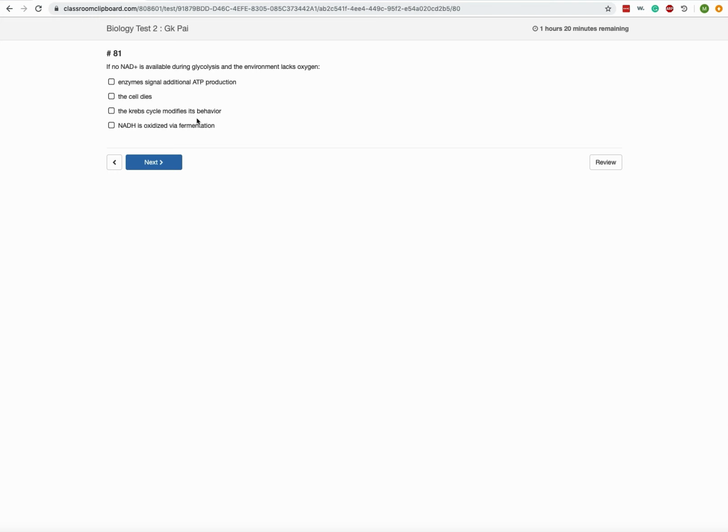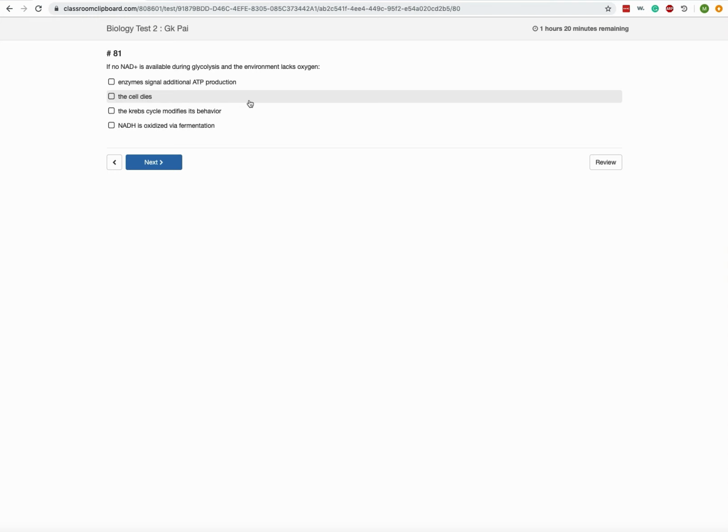If no NAD+ is available during glycolysis and the environment lacks oxygen, then during the process of fermentation, we take NADH and we oxidize it back to NAD+, because NAD+ is required in the step of glycolysis that occurs before those 4 ATPs are formed.